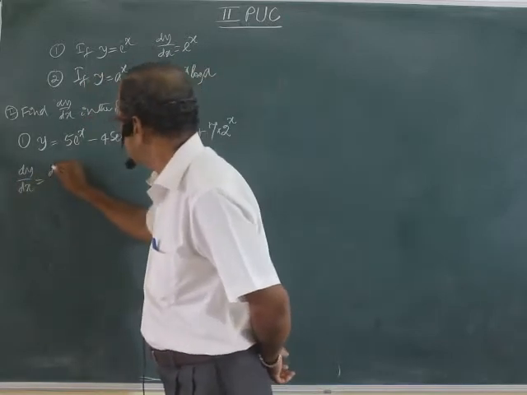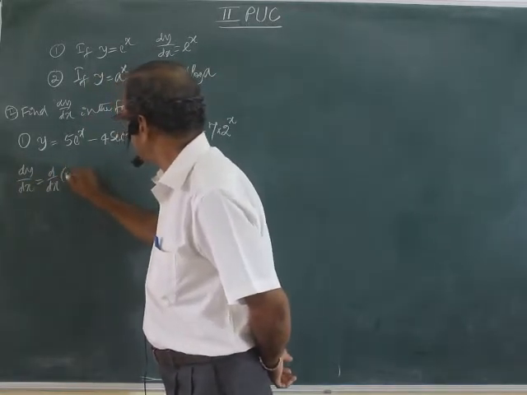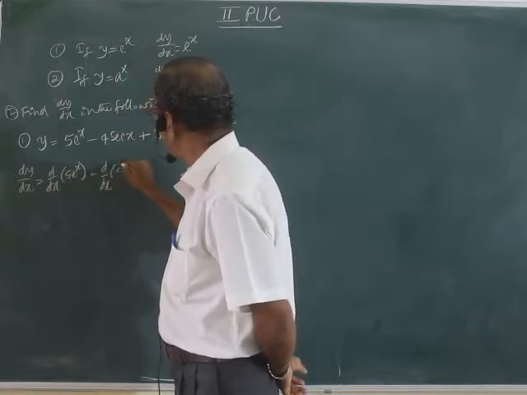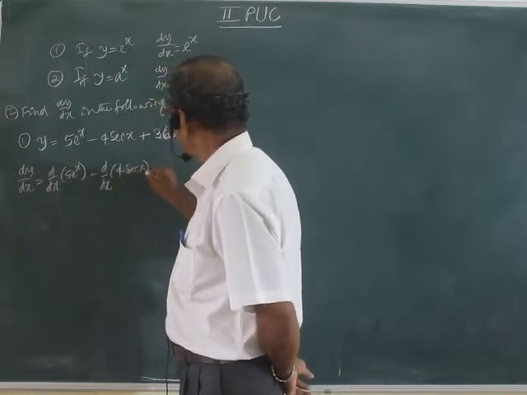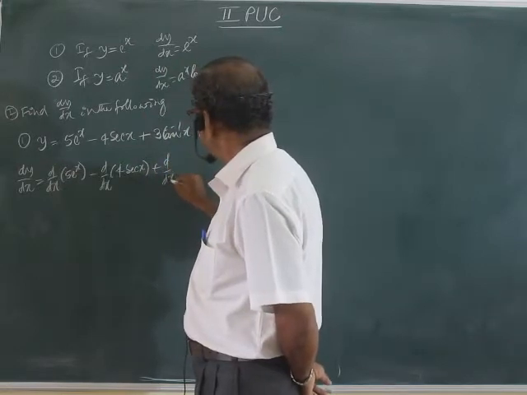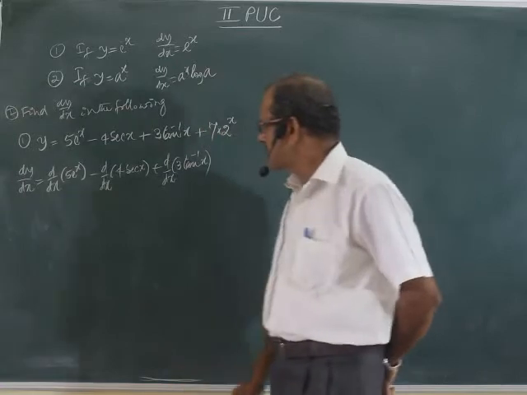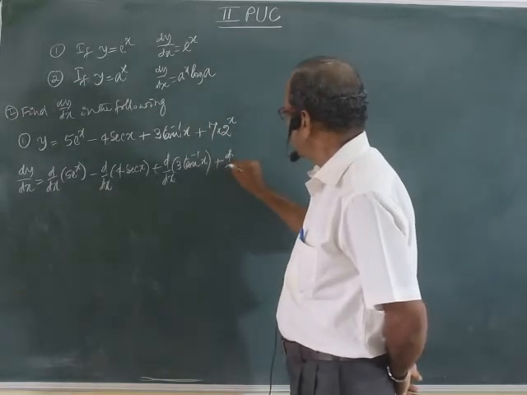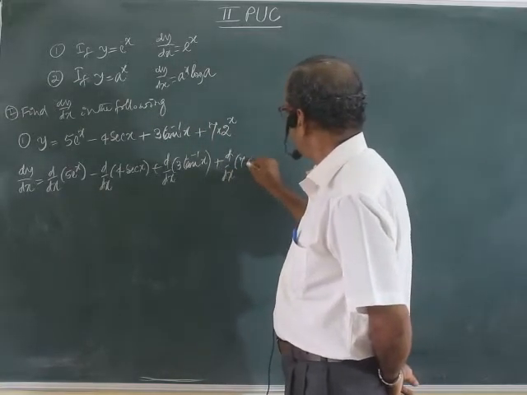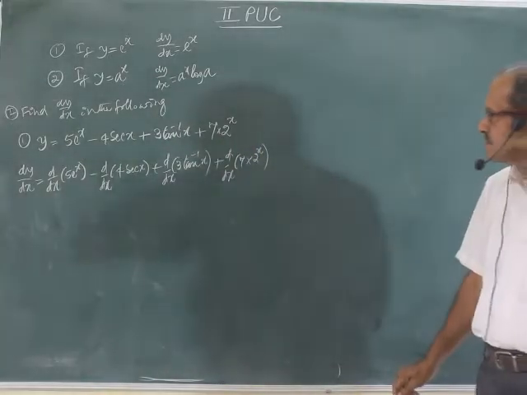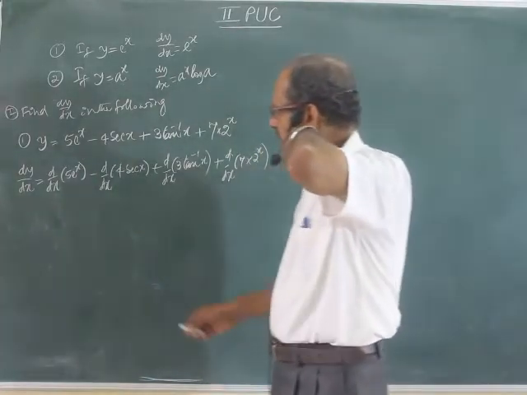dy by dx, d by dx of 5 e to the power x, d by dx of 4 secant x, d by dx of 3 tan inverse x, d by dx of 7 into 2 to the power x. Write the constant outside.